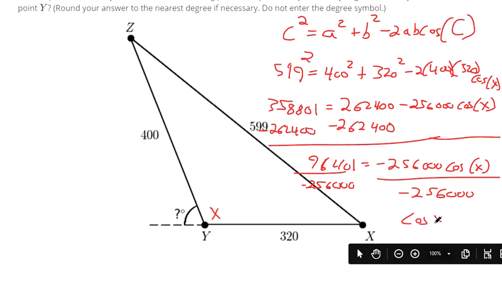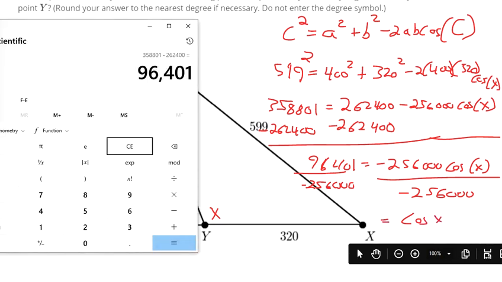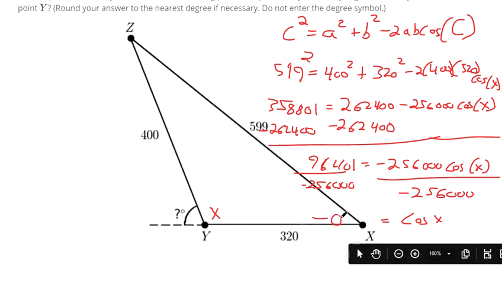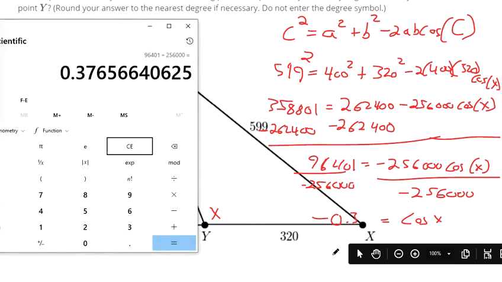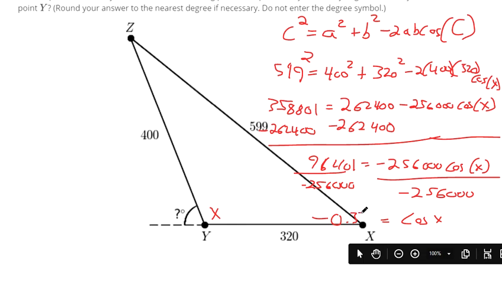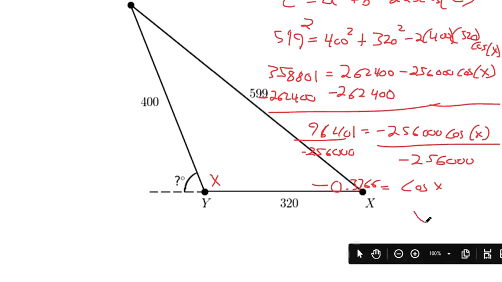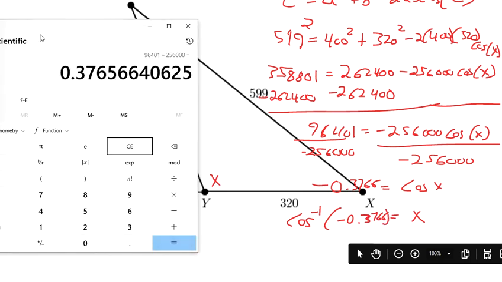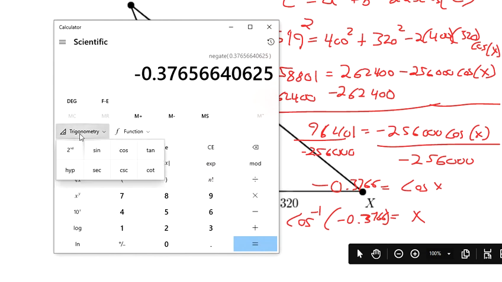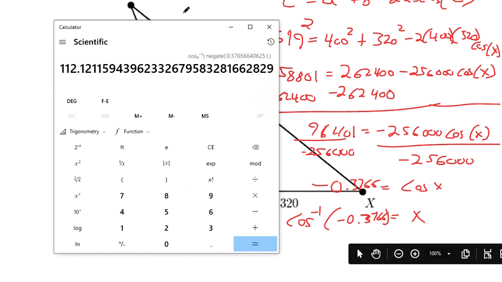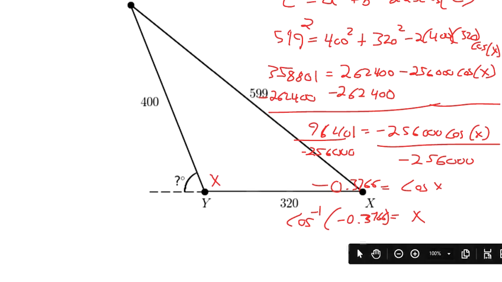So cosine of x equals 96,401 divided by 256,000, and I'm just going to remember it's negative, 0.3766. And so to get x by itself, now we just need to use inverse cosine, or arc cosine, as you might see on some calculators. So I got to make sure my negative sign's there, and then trig second cosine. So it's 112 degrees for their answer, around 112 degrees.